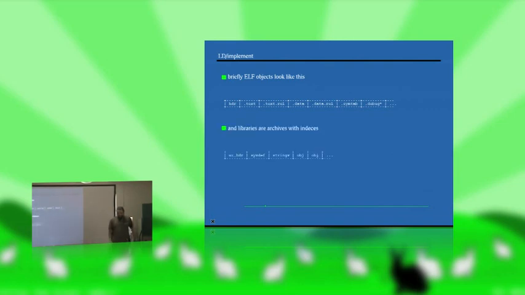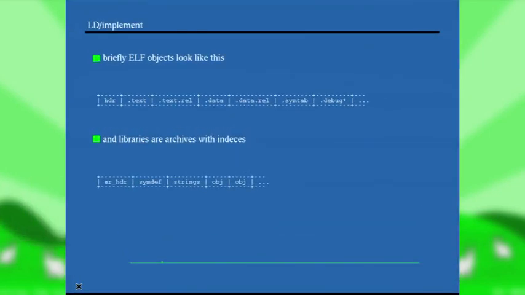And another part of the objects that are used in building programs is, of course, libraries. In the case of static libraries, it's basically sort of like a tar archive, a bunch of object files just dumped one after another. The only tiny improvement over tar is the so-called symdef, whose name comes from the old a.out times.